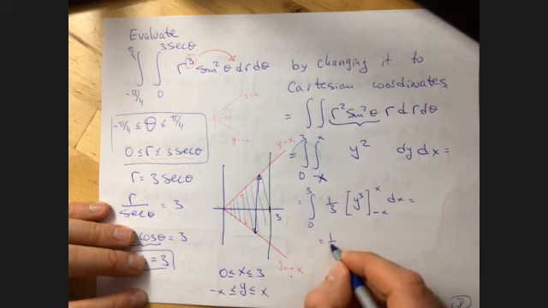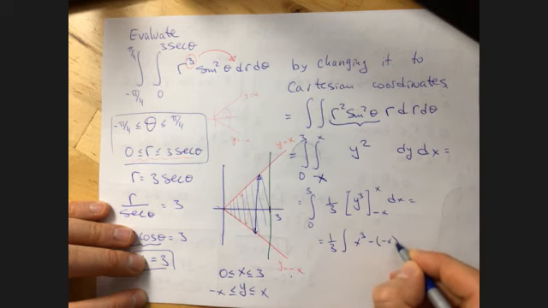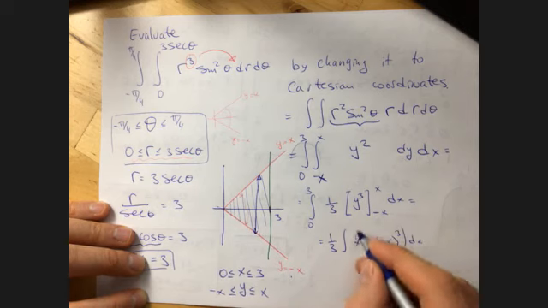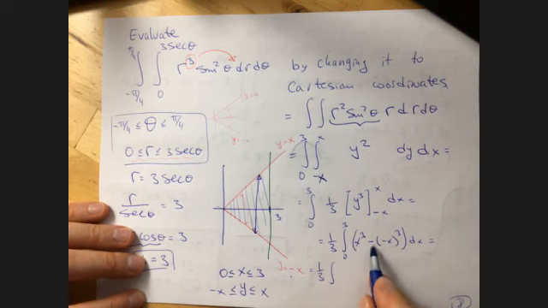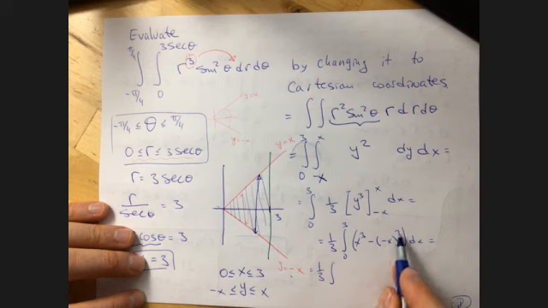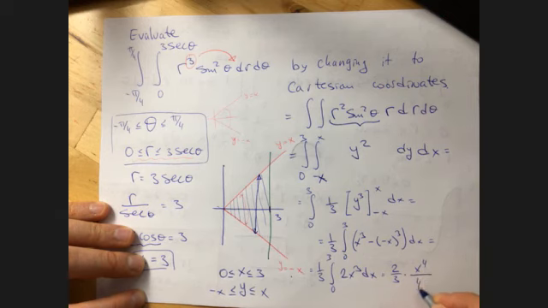That's equal to 1/3 times the integral of x to the power of 3 minus negative x to the power of 3 dx, from 0 to 3. Negative 1 to the power of 3 is negative 1, so negative times negative becomes positive, and this is 2 times x cubed dx from 0 to 3, which is 2/3 times x to the power of 4 over 4, where x is evaluated from 0 to 3.